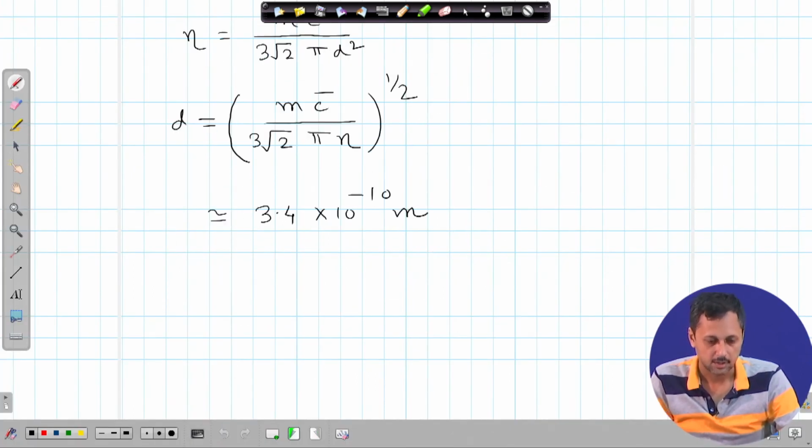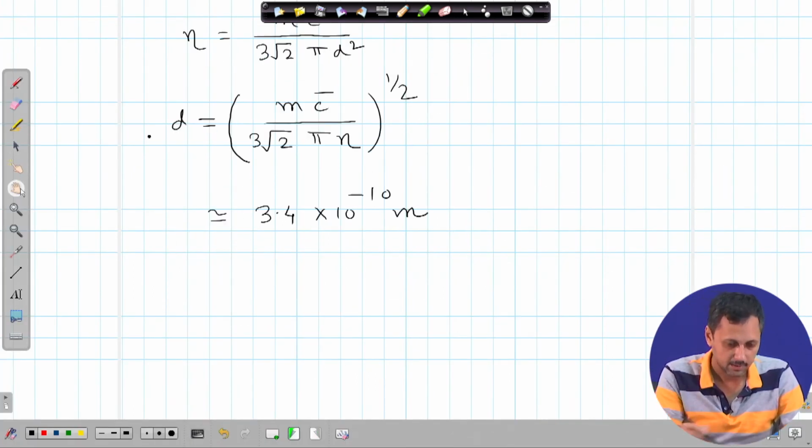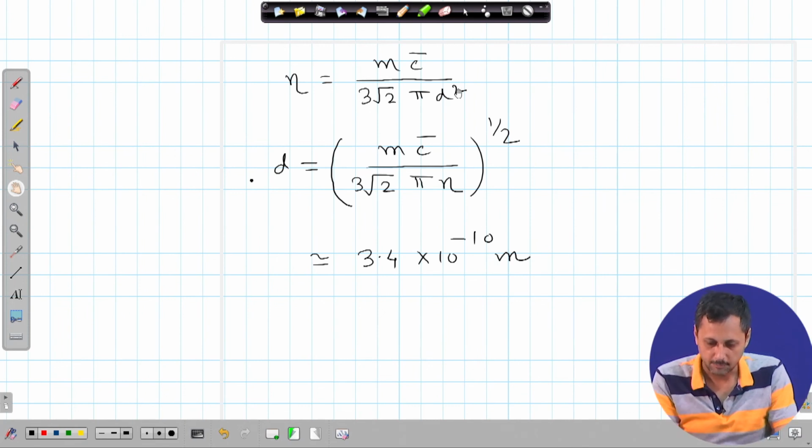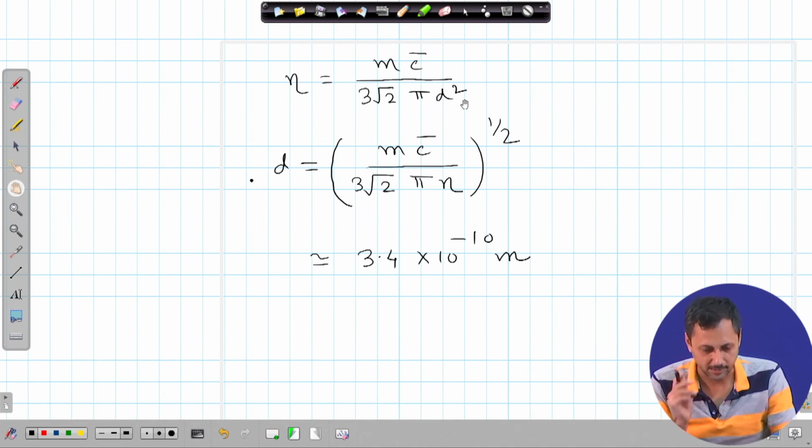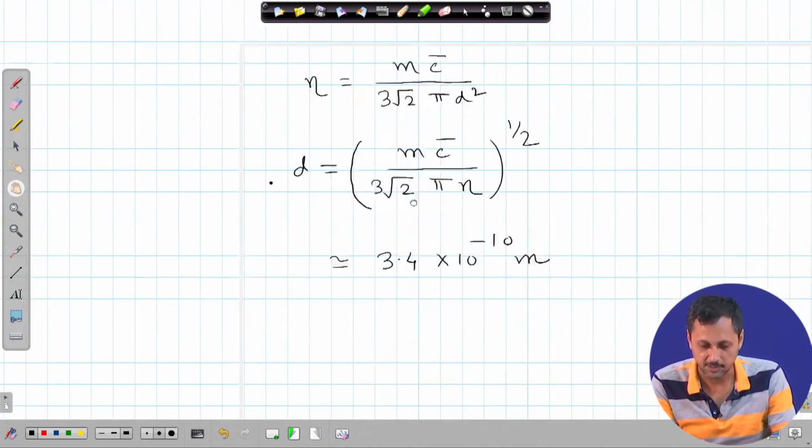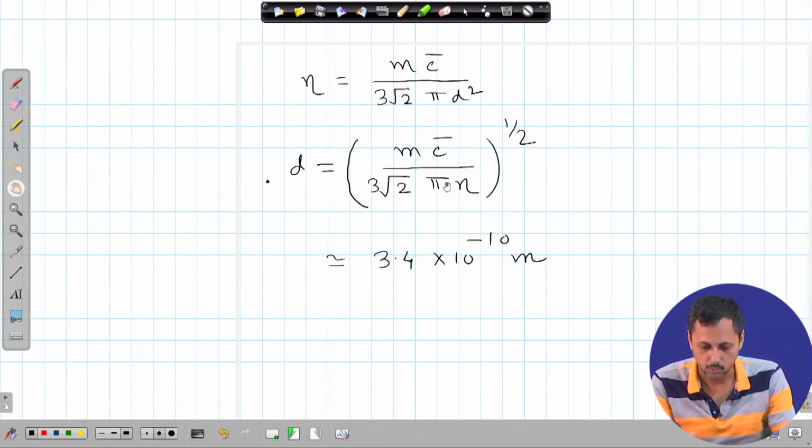So, eta is equal to m c bar divided by 3 root 2 sigma, with sigma equal to pi d square. That will give you d equal to m c bar divided by 3 root 2 pi times eta, whole to the power half. Now, everything is given, right?